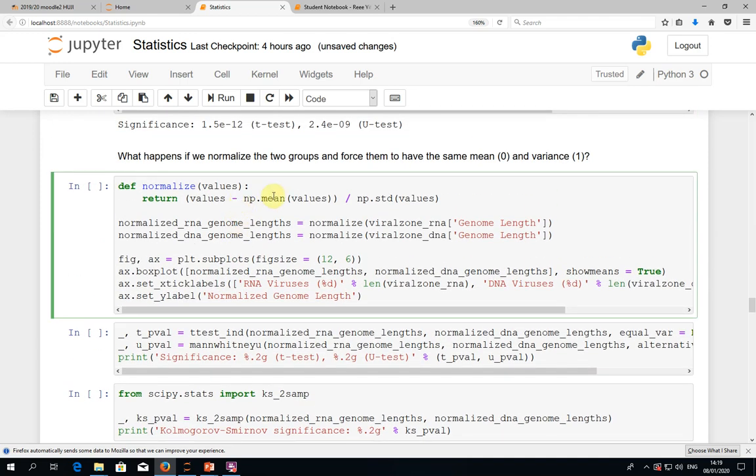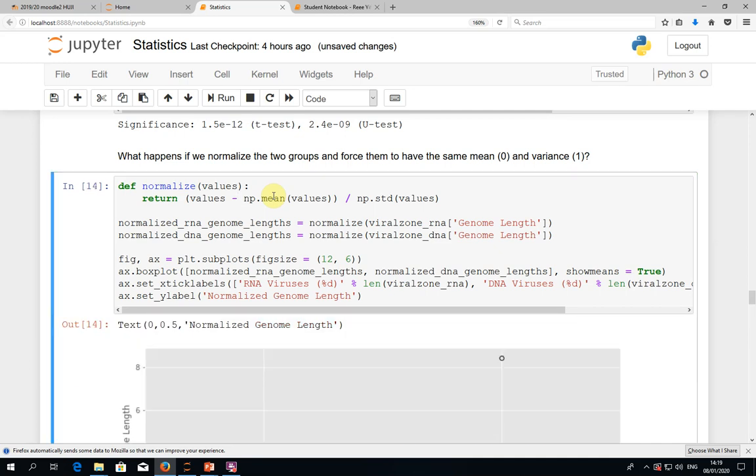Now, here we saw a very clear example of very different means and medians between two groups. But what happens if we force the two groups to have the same mean and the same standard deviation?